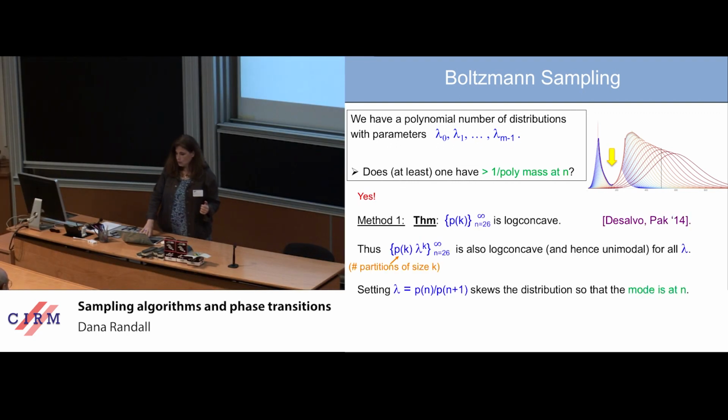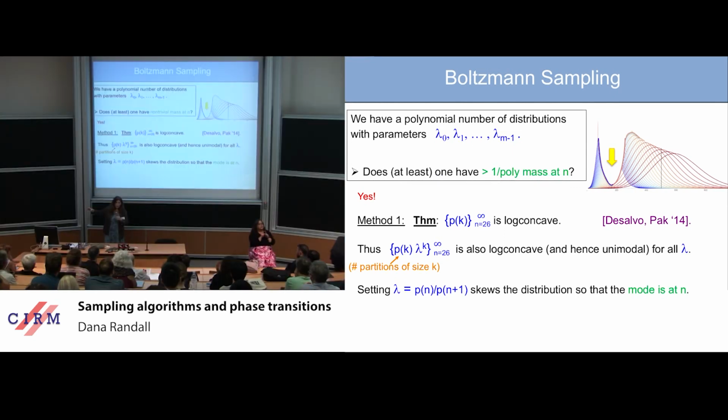The first method is that pretty recently, DeSalvo and Igor Pak showed that the number of partitions of n grows as a log concave function once n is greater than 26. So Pn is the number of integer partitions of n, and if I take the series Pn, Pn plus 1, and so forth, this is log concave.